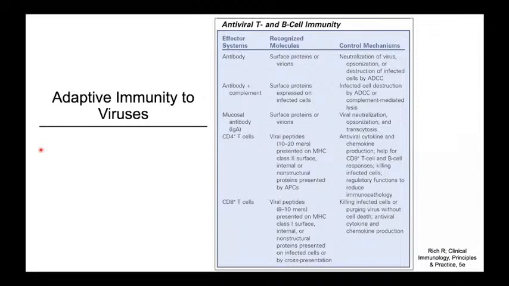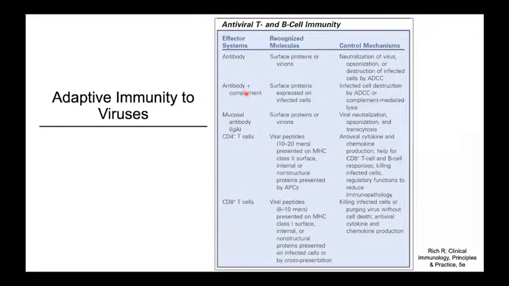B cells would produce antibodies that can perform various functions that would be antiviral, for example, neutralization of the virus. Neutralization just means binding to, for example, the viral glycoprotein that is implicated in cell entry to prevent infection of a cell. They can perform opsonization, and you know what that means, or they can actually enable killing of these cells through antibody-dependent cellular cytotoxicity. Antibody can also activate complement, and complement would come in and perform its effector functions.